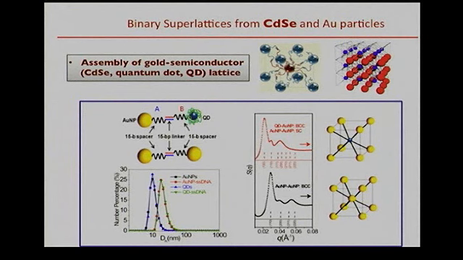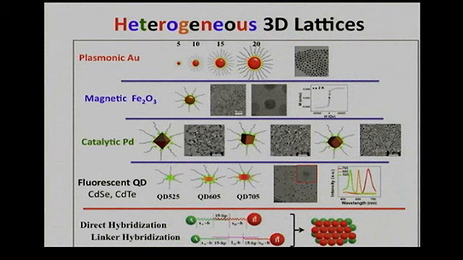What is more, those particles don't have to be quantum dots. Recently, we have been able to demonstrate that we can use plasmonic particles such as gold, magnetic particles such as iron oxide, catalytic particles, for example palladium, of various shapes, octahedra, cubes, and rhombic shapes, as well as fluorescent particles, both cadmium selenide and cadmium telluride.